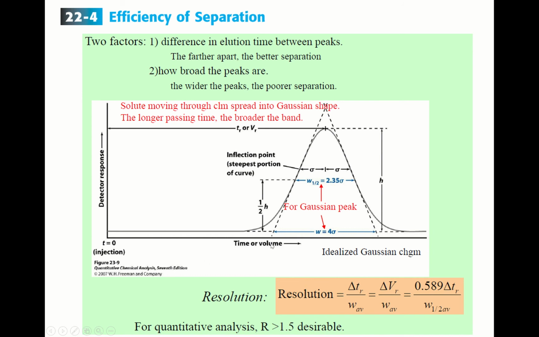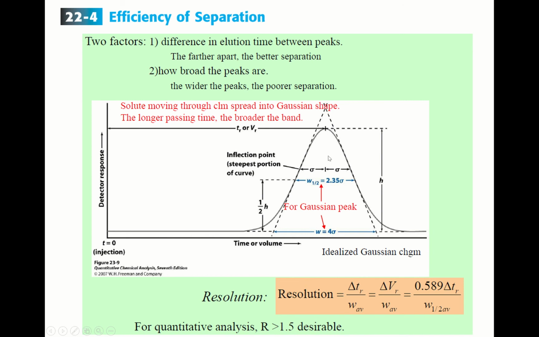Okay, usually this is the chromatographic peak. It follows the Gaussian distribution curve. And it depends on W1/2, which is the width at half maximum.